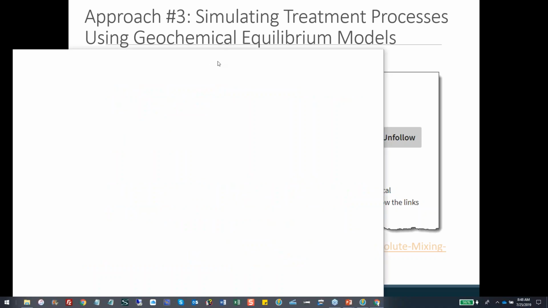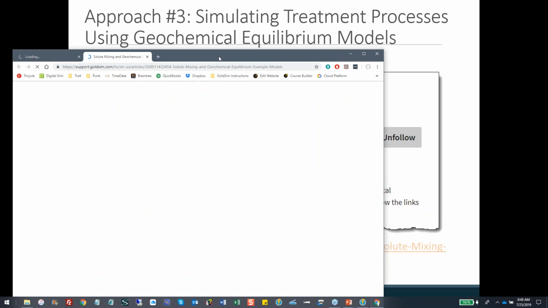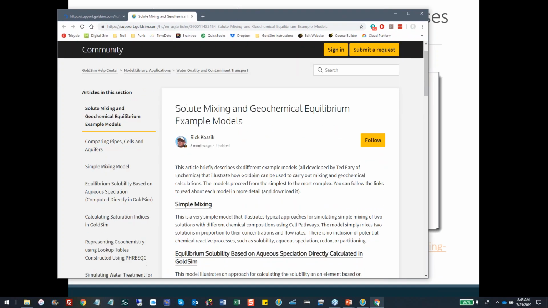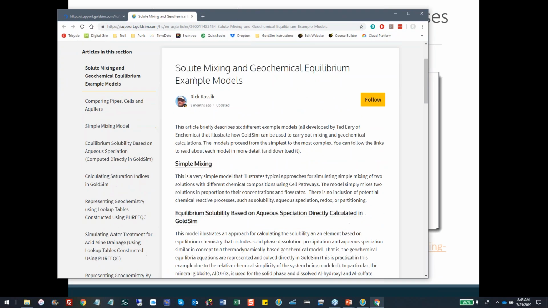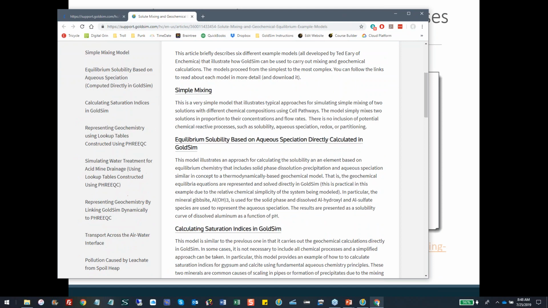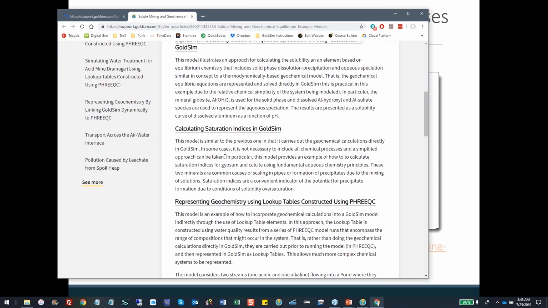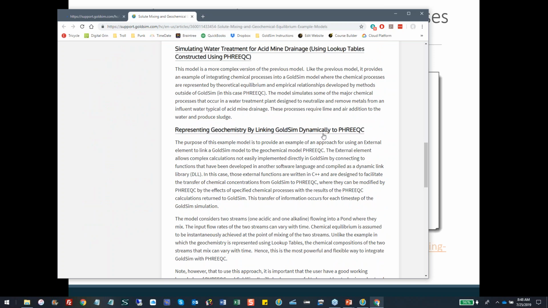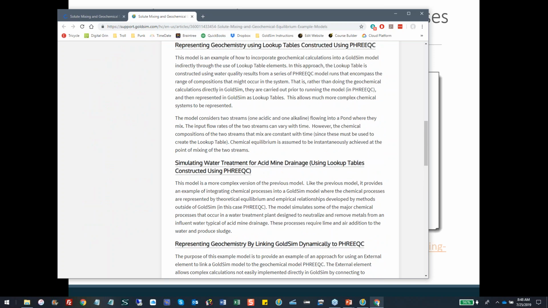So I'm actually going to our model library right here, just for those of you who haven't visited it before. You can see what it looks like, and it looks like there we go. And so there's a series of models here, ranging from simple mixing all the way down to the most complex case where we're actually dynamically linking GoldSim to Freak-C, right?